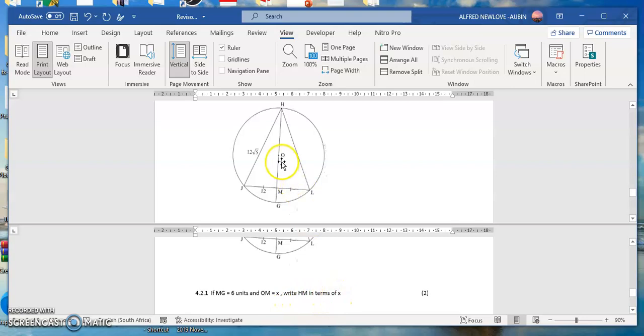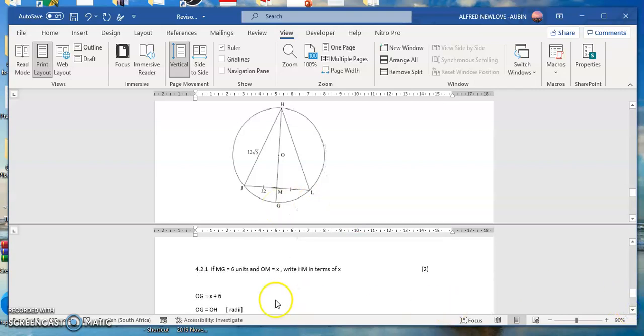They want us to write HM in terms of X. If you check here, HO is a radius, OG is a radius, so they are equal. Let's see how we are going to answer that.